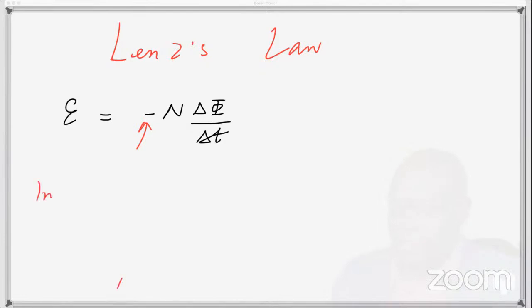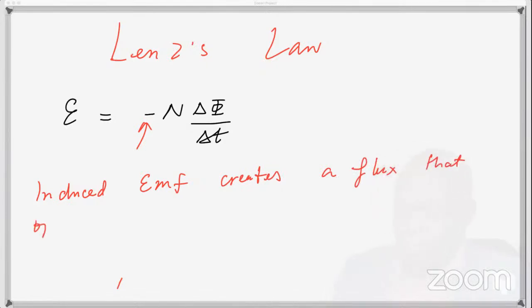So induced EMF creates a flux that opposes the original change in flux.